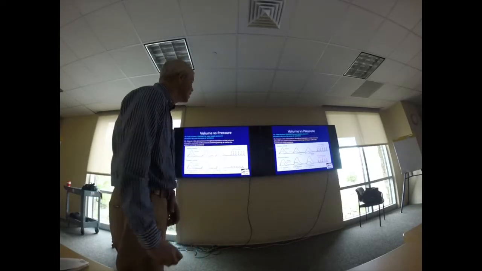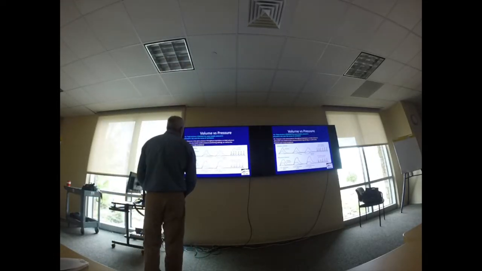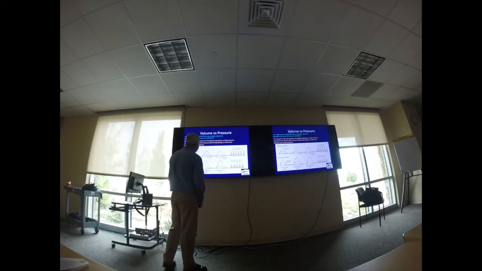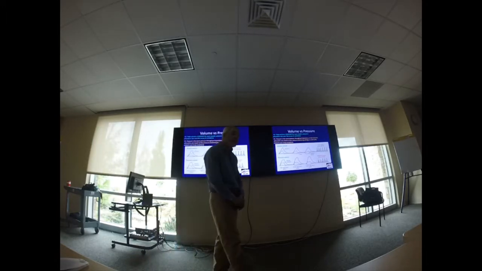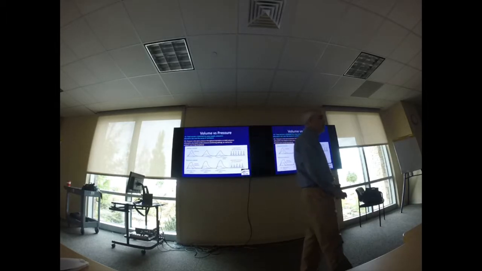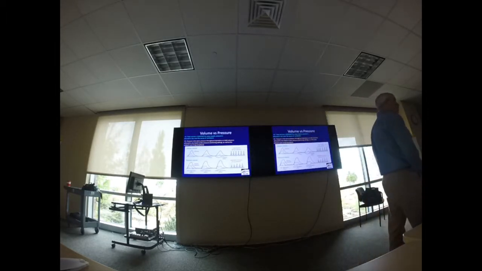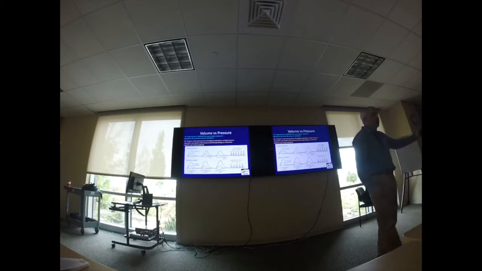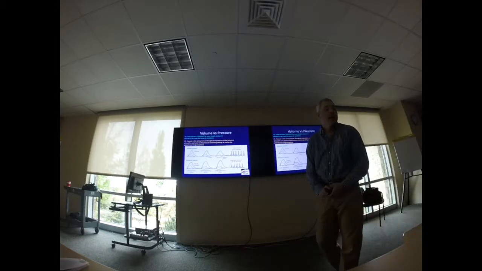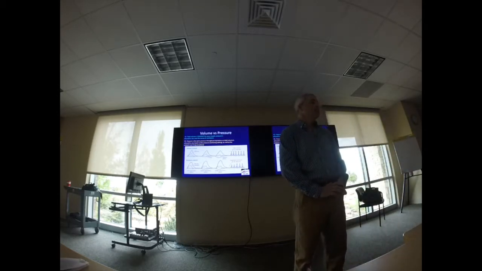The ventilator is going to deliver a tidal volume of 500. It doesn't really care about the pressure it takes to do that. It might be a peak inspiratory pressure of 42, it might be 38, it might be 56, it doesn't matter. So I'm very cognizant of watching my pressures with that patient.